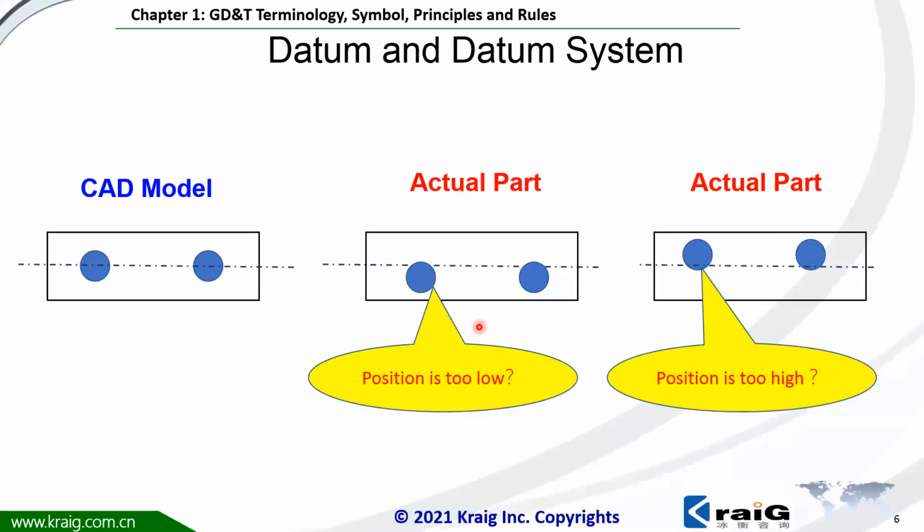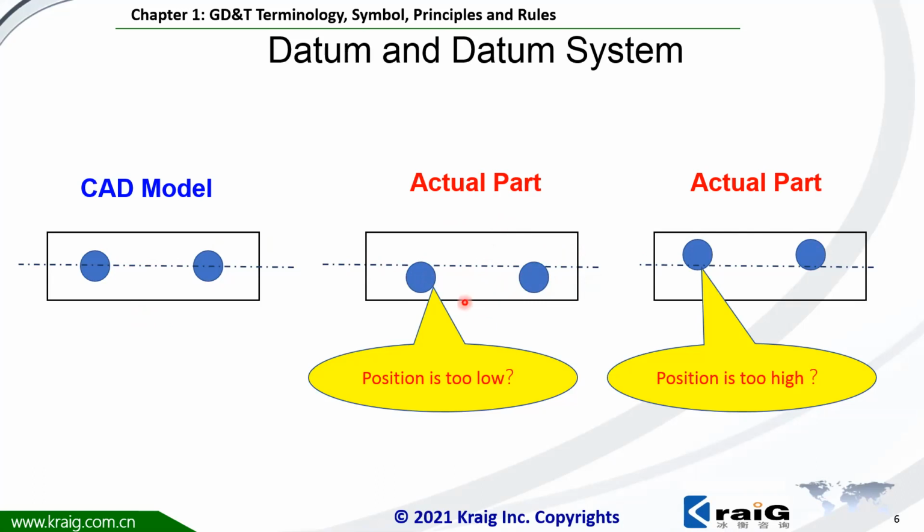Let's look at the real parts. Here is the CAD model of the theoretical part, and here is the actual part. Obviously, these two holes are off center. And we want to know, is this position of the hole too low or too high? From here, we don't know.